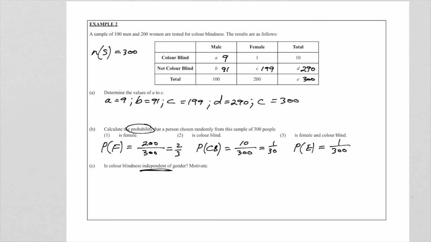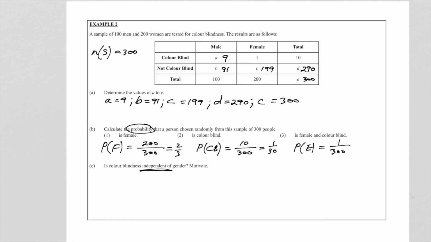You can use any one of the two. My suggestion will be, because we already worked out the probability of female and colorblind, that I'm going to use those two events to answer this question, because I've got that already.